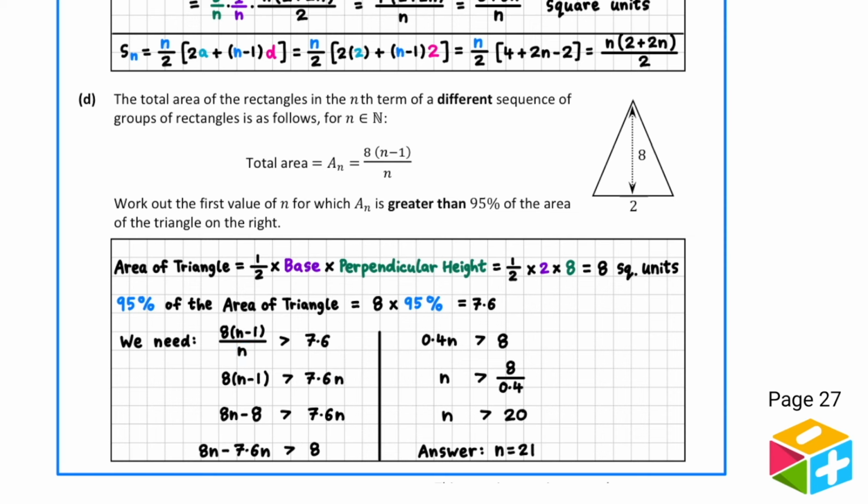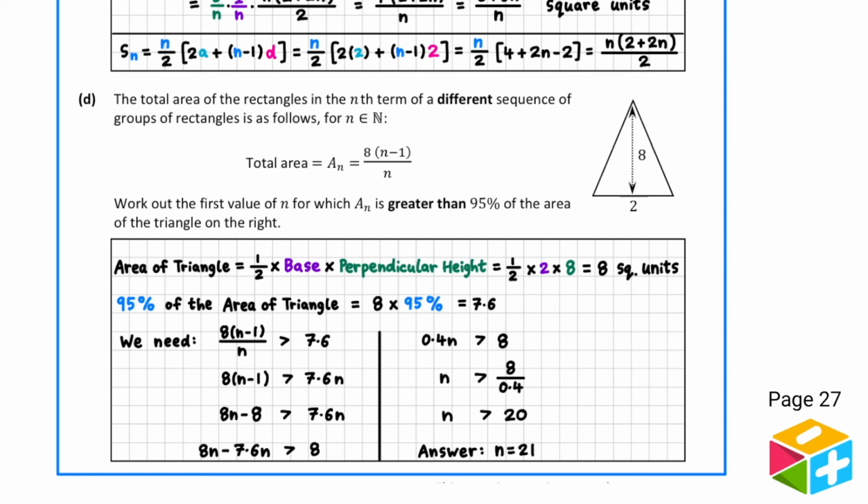Then, I'll multiply out the brackets on the left. 8 times n is 8n, and 8 times minus 1 is minus 8. Next, I'll group the n terms on the left-hand side by subtracting 7.6n from both sides.